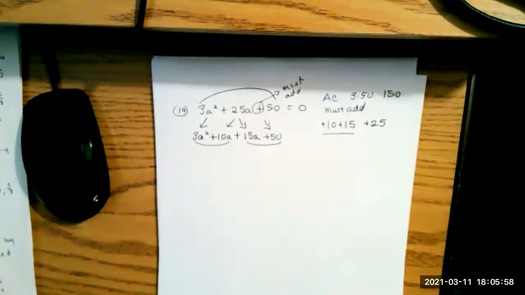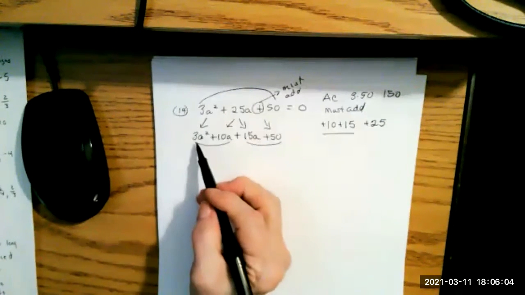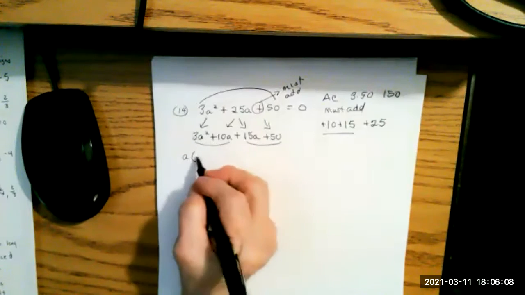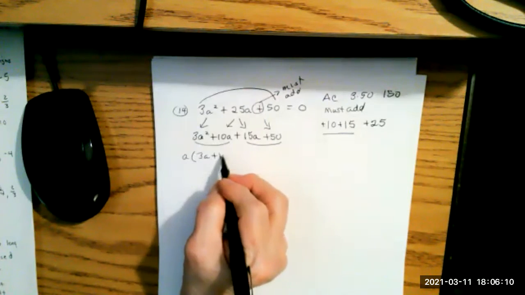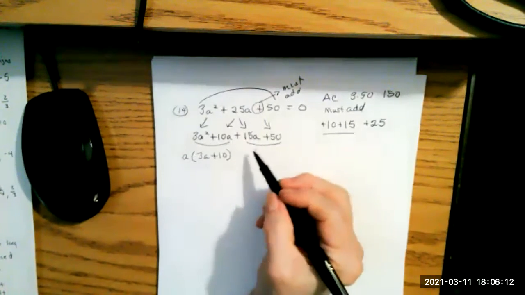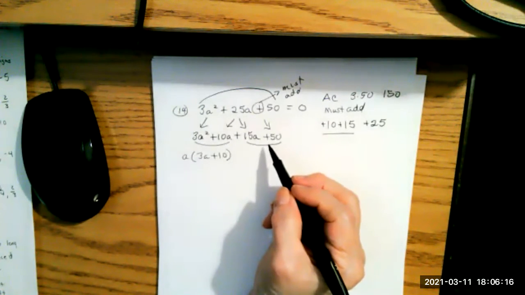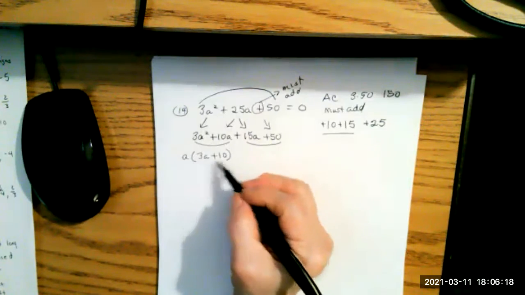Now you want to group them in 2 and 2, and take out a common GCF. Out of 3A squared plus 10A, I can take out an A, and I have 3A plus 10. For 15A and 50, I cheat a little bit because I can see that I want a 3 there.